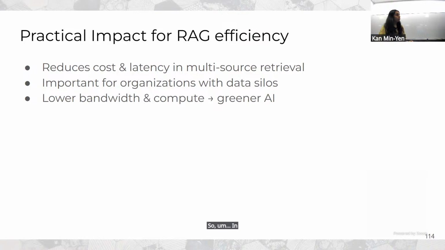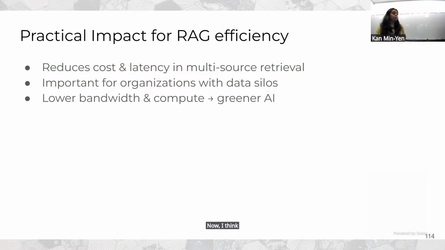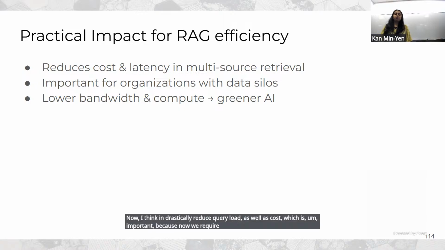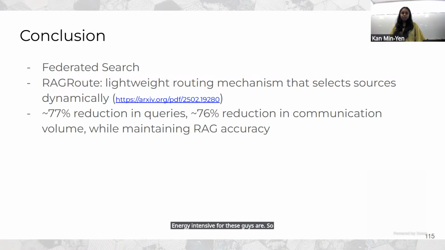In practical deployments such as corporate RAG systems spanning multiple internal knowledge bases, routing can drastically reduce query load as well as cost, which is important because we require lower bandwidth and compute for cleaner AI, since we've all seen how energy intensive these AI systems are. So efficiency is really crucial here.